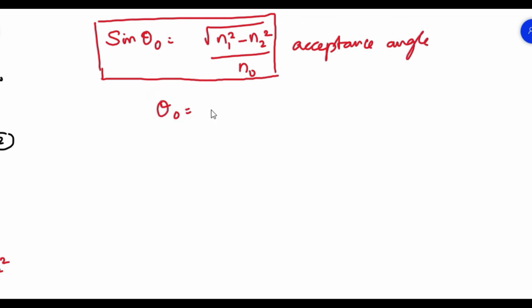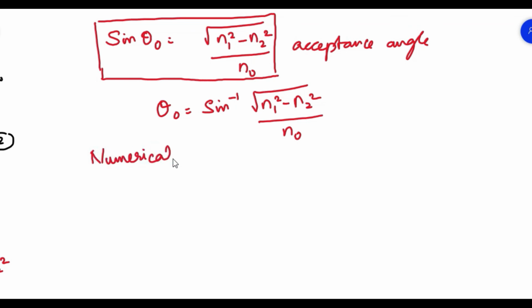So theta naught is equal to sine inverse of root of n1 square minus n2 square divided by n naught. So if the refractive index values are known, it is very simple to calculate the acceptance angle. Here n naught is air, but the value is 1. So this is the maximum angle at which light can enter into the fiber.